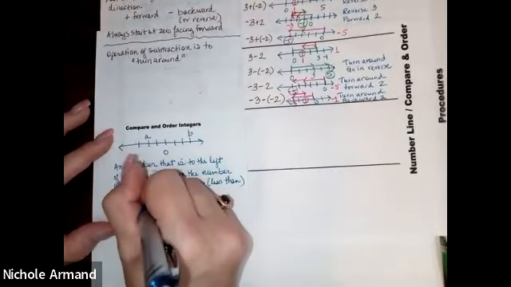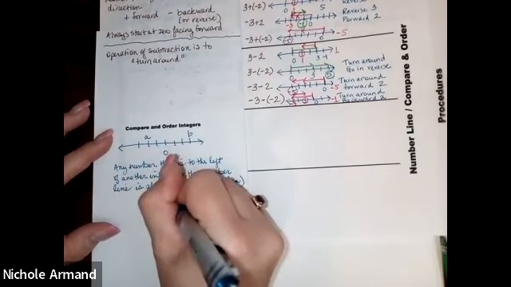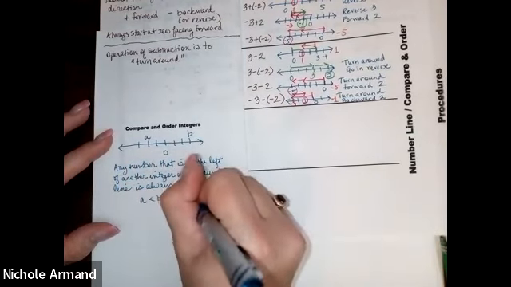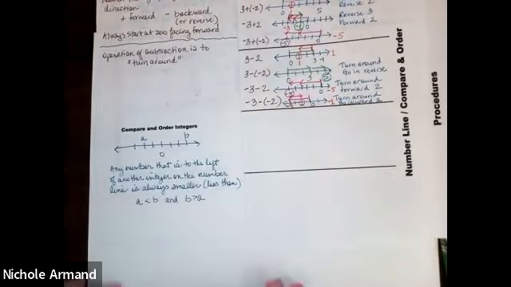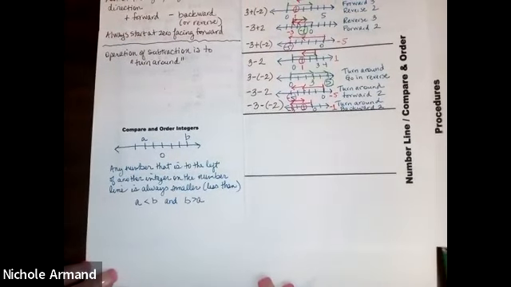So we're going to say A is less than B, and that B is greater than A.